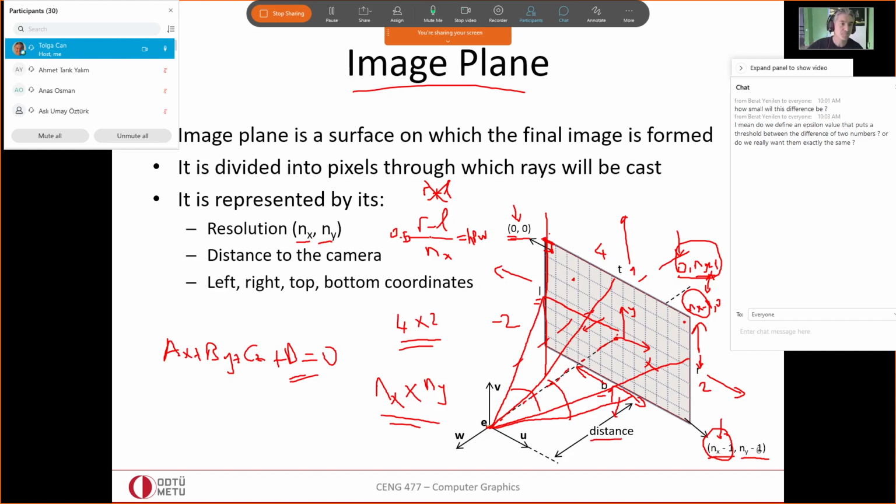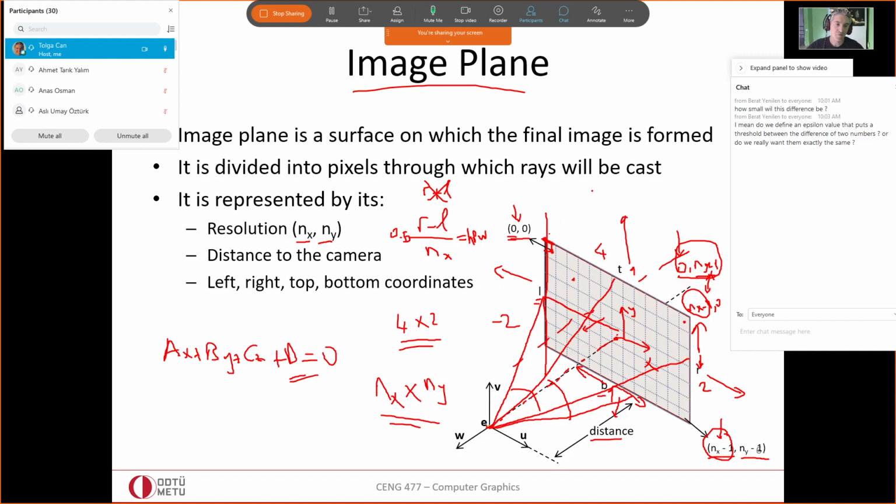this value. Oh no, we don't define an epsilon value. If you're dealing with floating point numbers, we will not actually go that small. Our pixel widths will not be as small as 10 to the minus 6. It will be much larger than that.